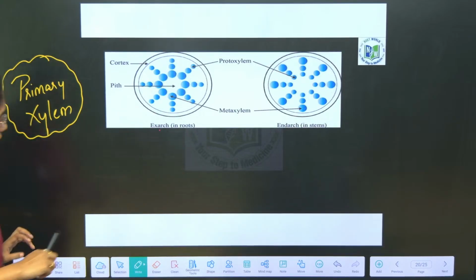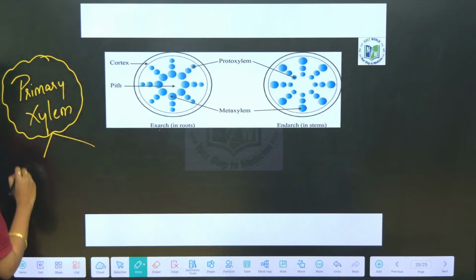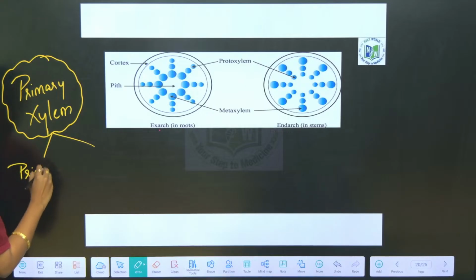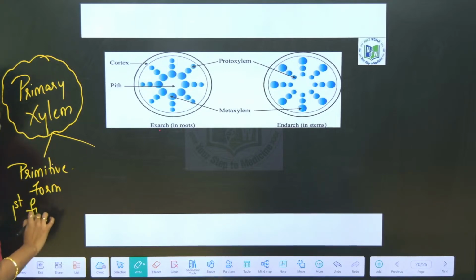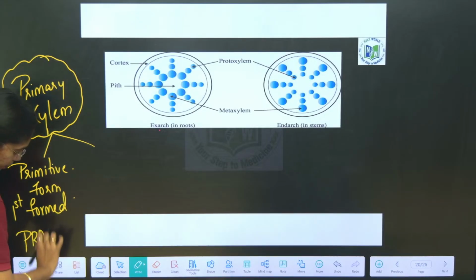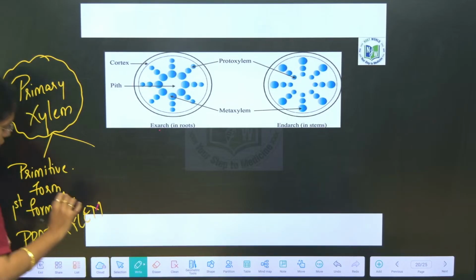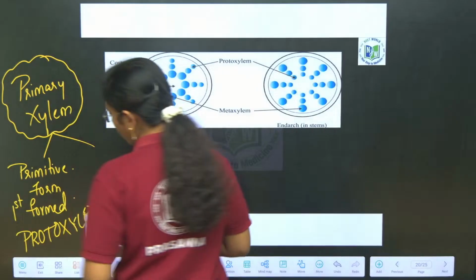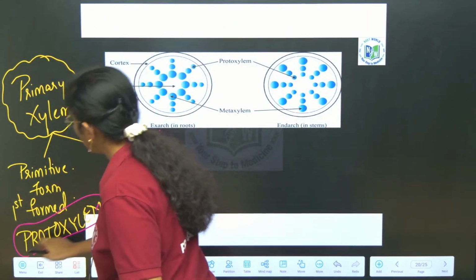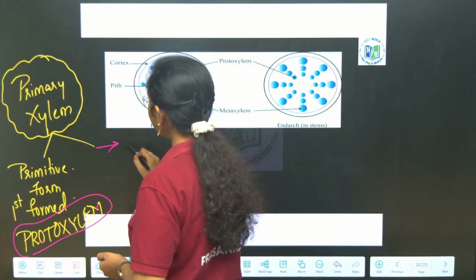The first formed primary xylem is called protoxylem. Mature xylem, or later formed primary xylem, is called metaxylem.